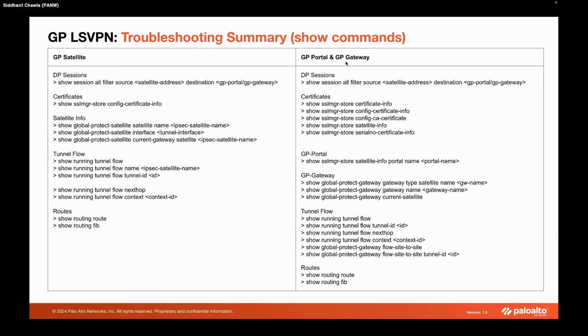On GP portal and gateway, for an active DP session, you can use the same command, but set up the source as the satellite IP address and the destination as either GP portal or gateway.